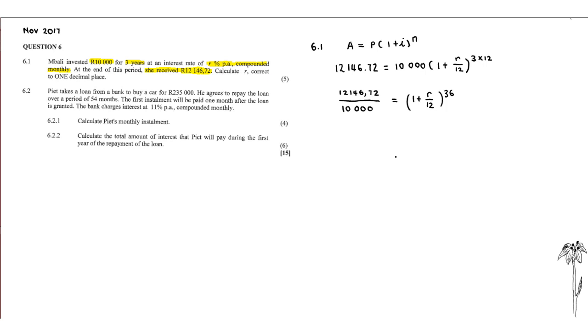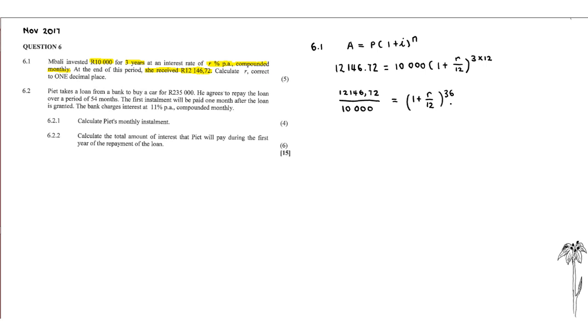Now, in order to solve for this r value, I'm going to apply logarithms. I'm going to take the log of both sides, and the reason I want to take the log of both sides is because on the right hand side that would allow me to bring my exponent down.